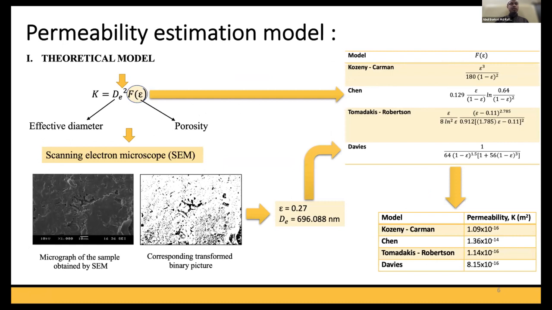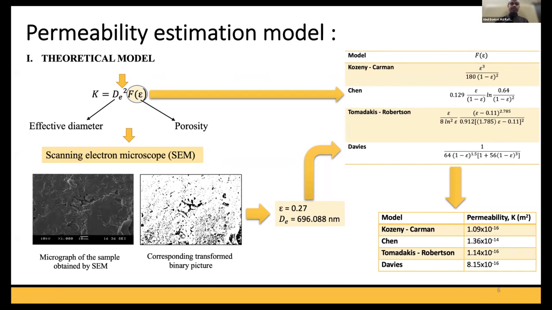For determining this permeability, we adapted a theoretical model and experimental models, and we tested them. For the theoretical model, the permeability can be determined by an equation. It is a function of the square of the effective diameter of the material, and is also a function of the porosity. Porosity is how densely the material is packed.